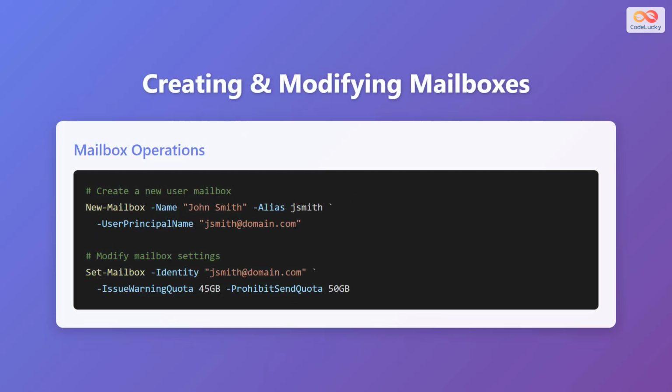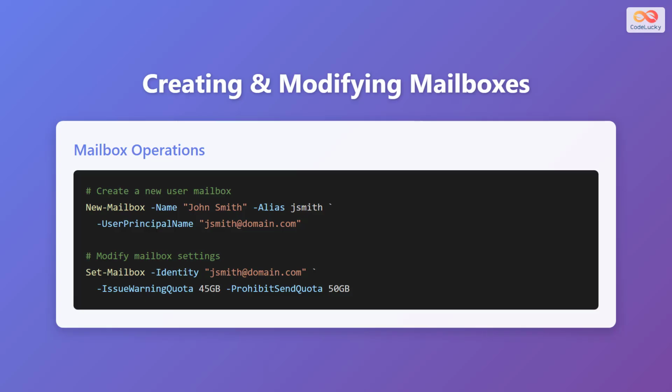PowerShell allows you to create and modify mailboxes programmatically. To create a new user mailbox, use the New-Mailbox cmdlet with the Name parameter for the display name, the Alias parameter for the short name, and the UserPrincipalName parameter for the email address. This creates both the mailbox and the associated Azure Active Directory user account.